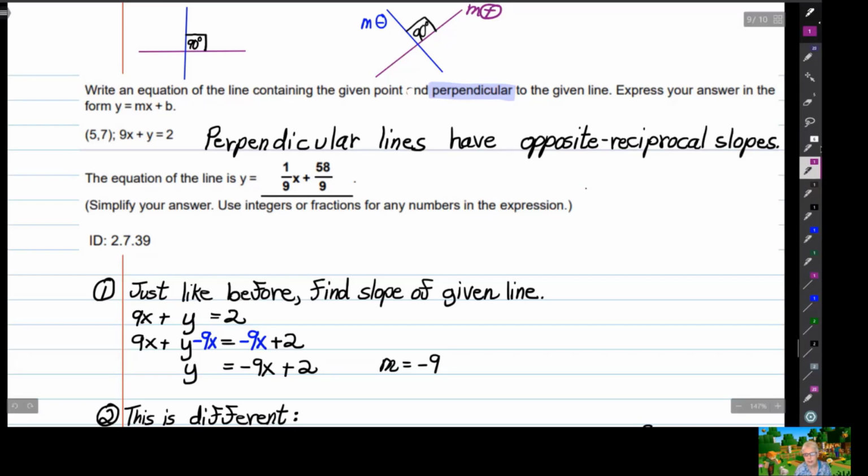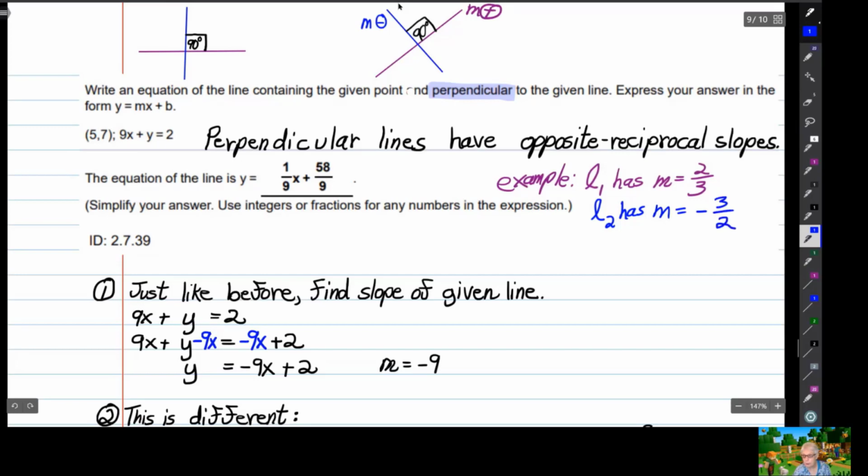If you have one line, let's call it line 1, and line 1 has slope equals 2/3, I just made that up, then line 2 has a slope of -3/2.